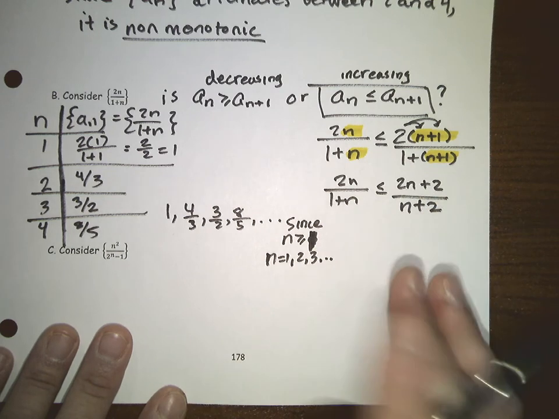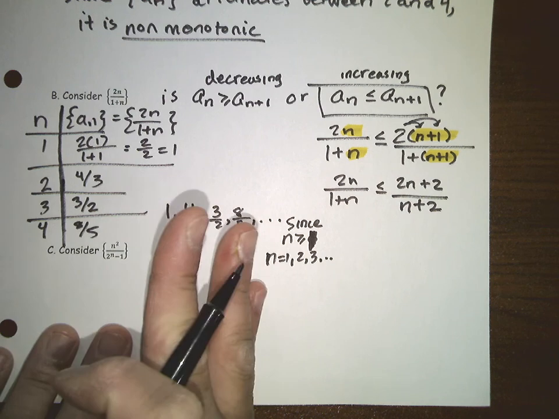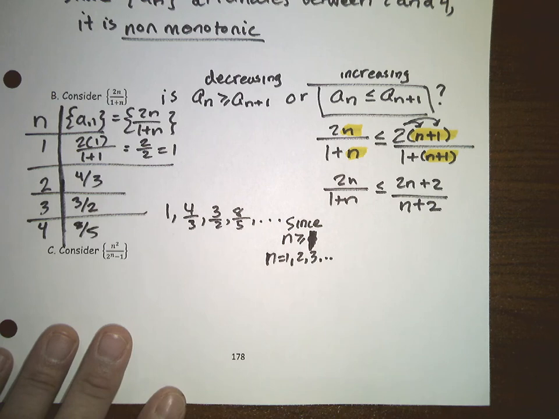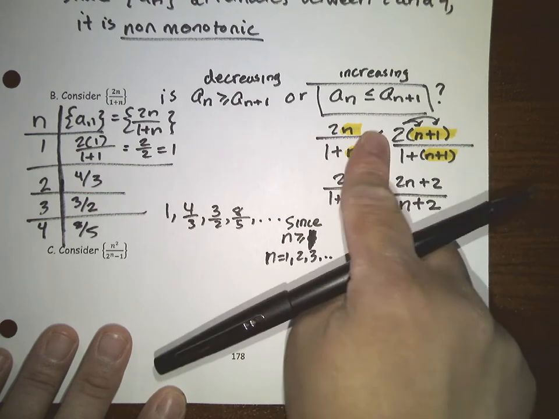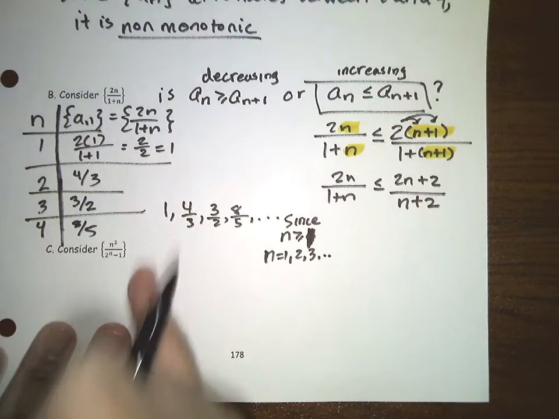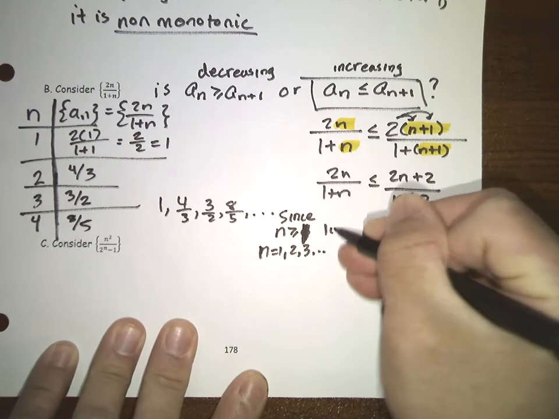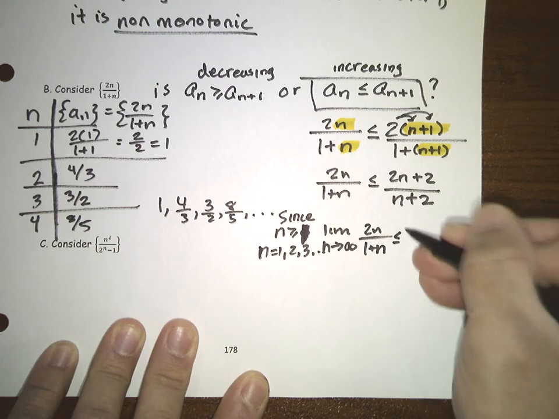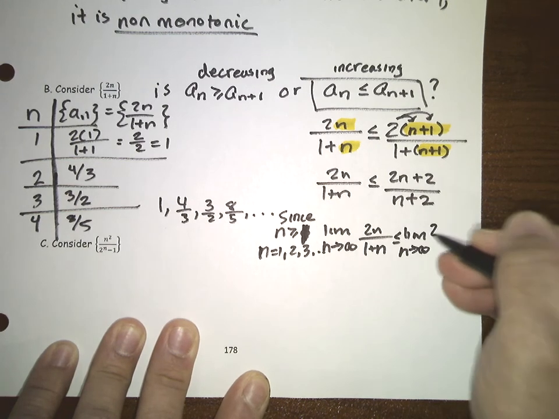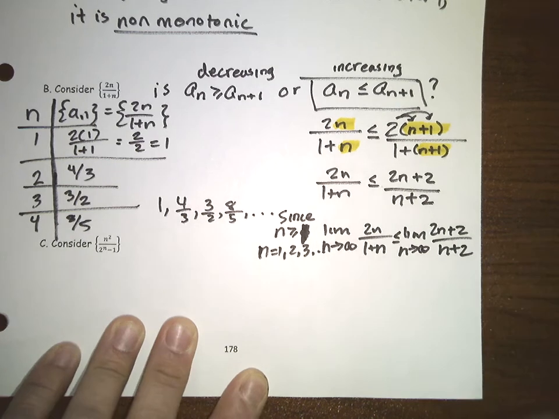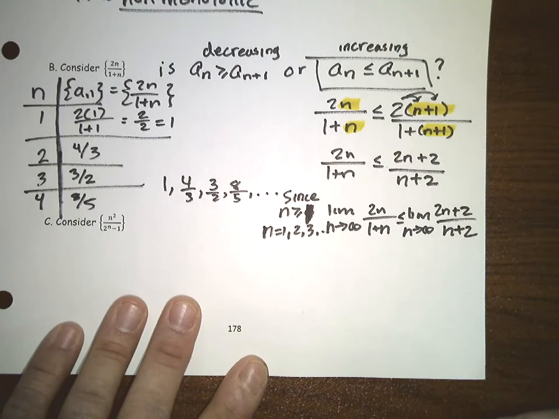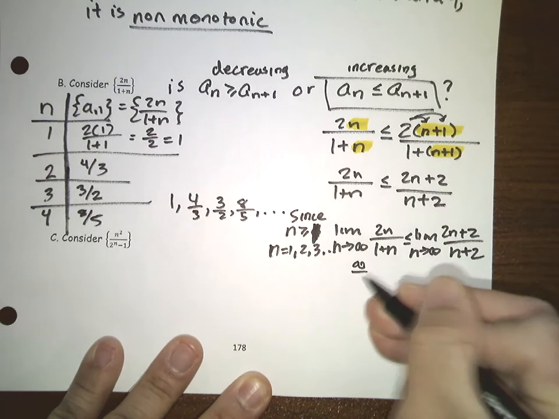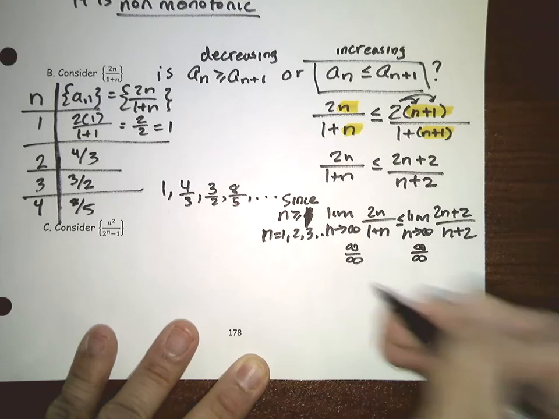But what I really want to do is, if n is going to infinity, for any term, if I can determine that this statement is true, then I know that this is always going to increase and that it's monotonic. So let's take the limit as n goes to infinity of 2n over 1 plus n, less than or equal to the limit as n goes to infinity of 2n plus 2 over n plus 2. Because this is infinity over infinity on both sides, I can use L'Hopital's rule.